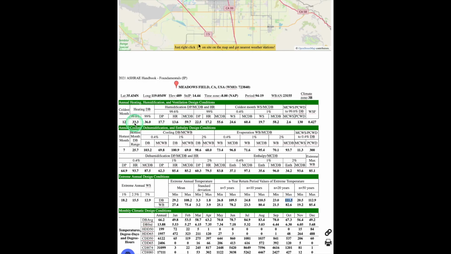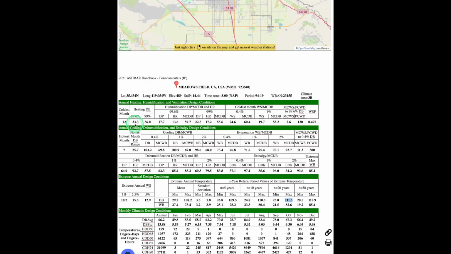And so, yes, our unit is sized for 33, but what about the other 35 hours where it's colder? Since we're spreading 35 hours throughout the winter season, 35 hours that's colder than 33 degrees, that is where our unit is going to keep working to heat the house, but it might not keep up.